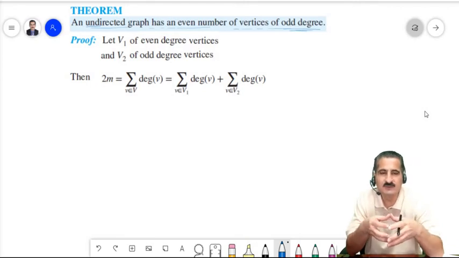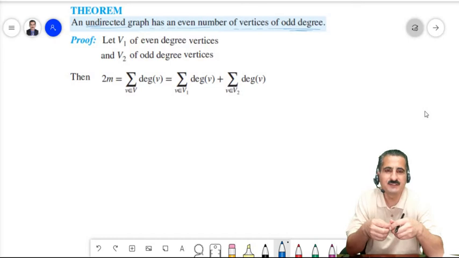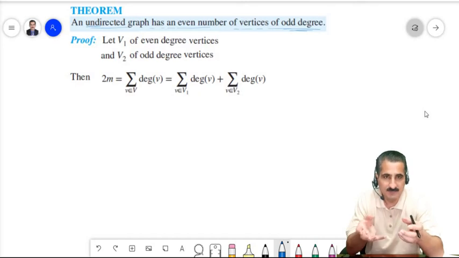Now we will look for the vertices whose degree is odd. The question is, how many vertices do we have whose degree is odd? This theorem tells you the number of such vertices must be even.